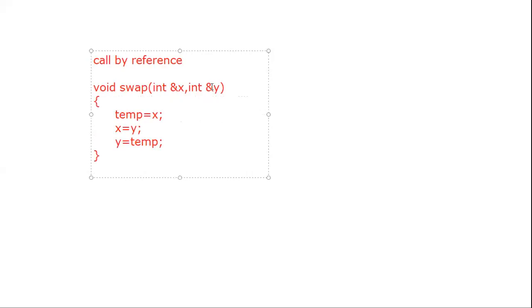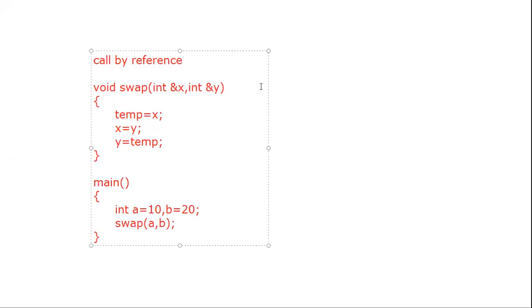And inside the main, how are you going to call this function? If we have both integer values, a is 10 and b is 20, what is the call here? Directly we are going to pass both the variables as they are.